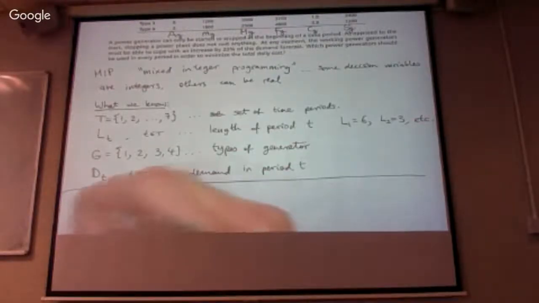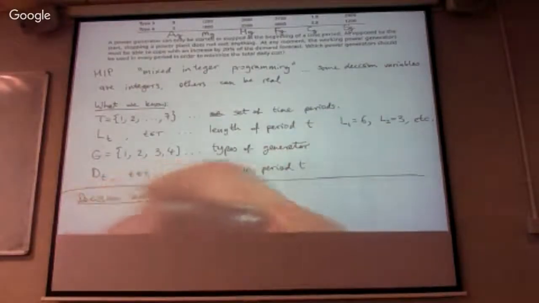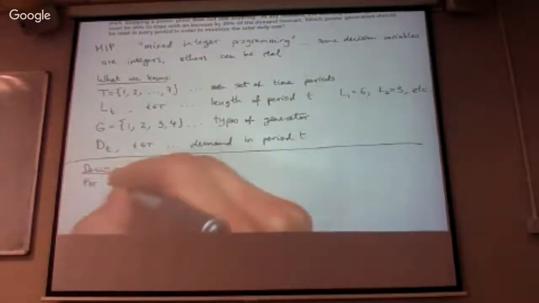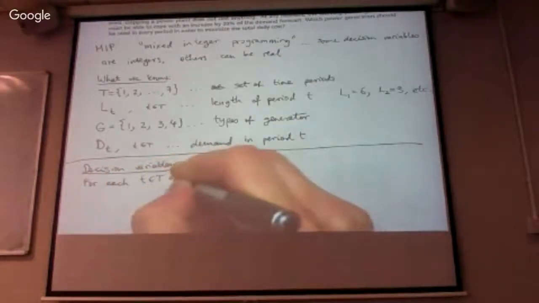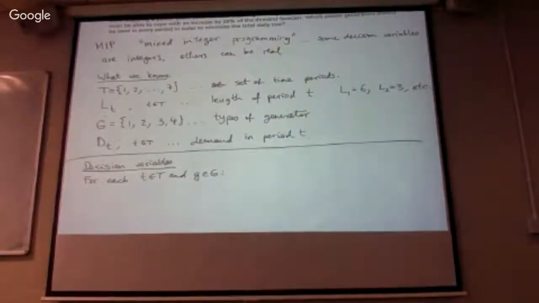Decision variables. Okay, so like I said, we need a separate bunch of decision variables for each time period and for each generator type. So for each time period and generator type, we have the following 3 decision variables, those 3 that we need.